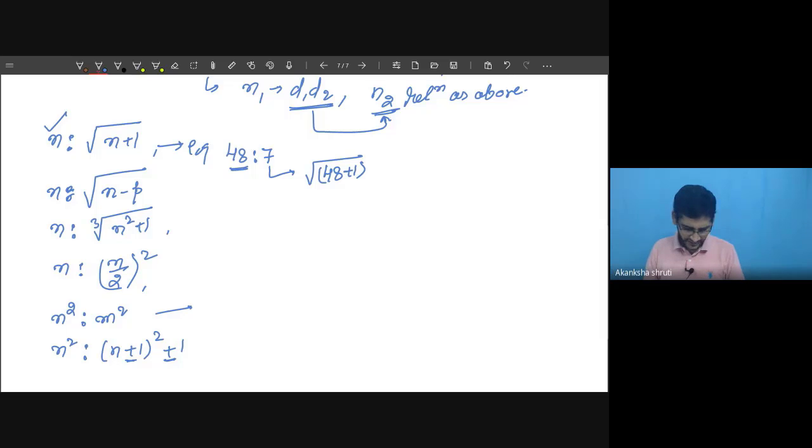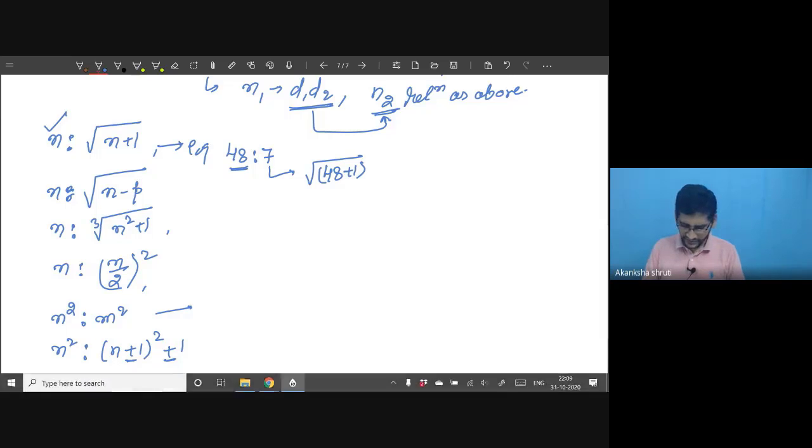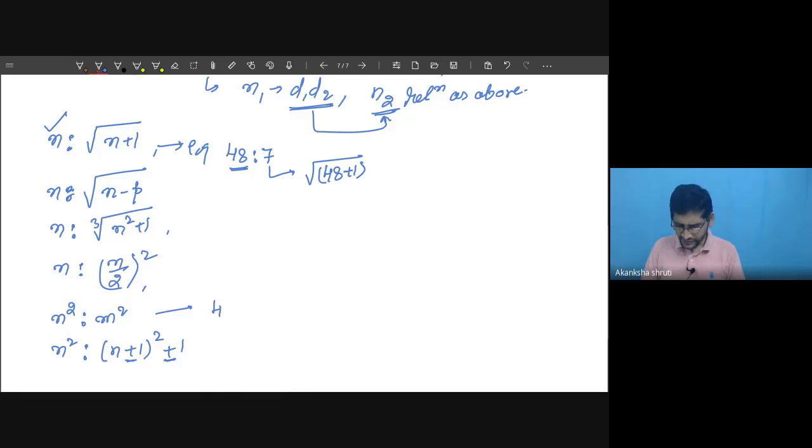Let us take some example for n square is to m square. It may be given that 49 is to 121, then what is for the next pair? It may be asked for the pair, or one of the numbers may be given. Say 25 is to what?